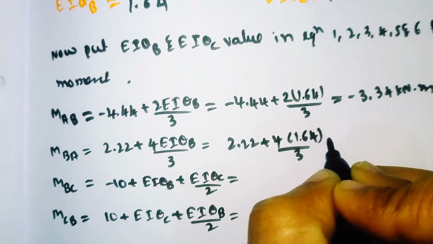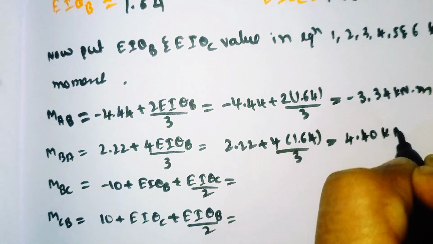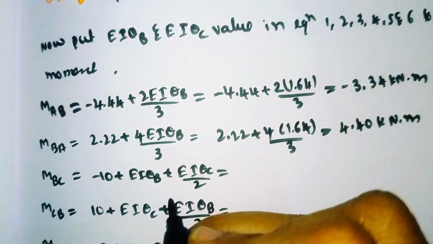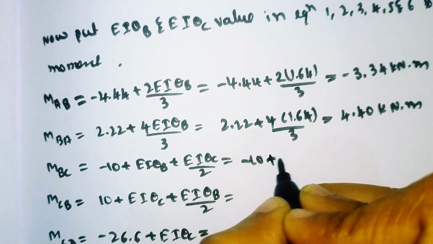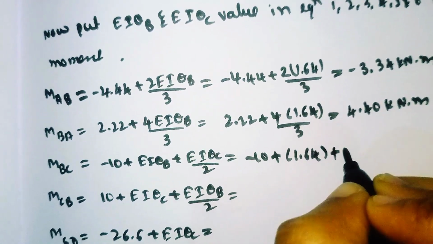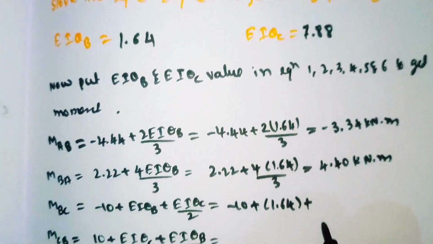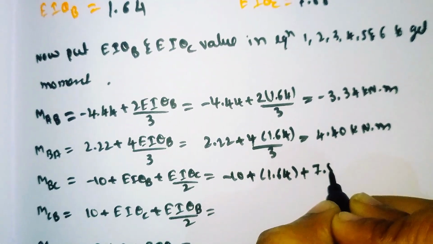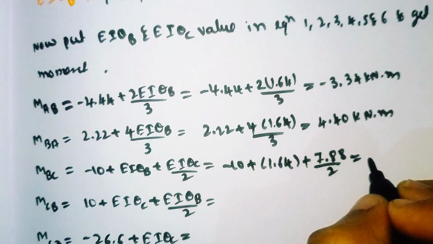By simplifying, it will come out as 4.40 kilonewton meter. Similarly for BC, minus 10 plus EI theta B value 1.64 plus EI theta C value 7.88, divided by 2. Simplify it.